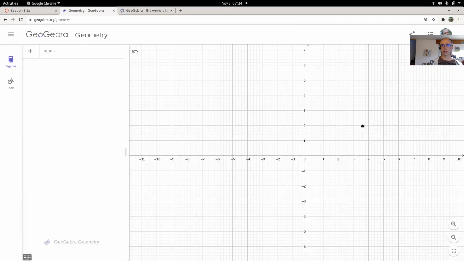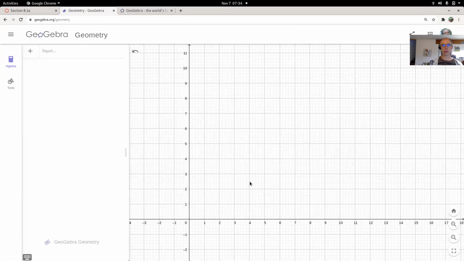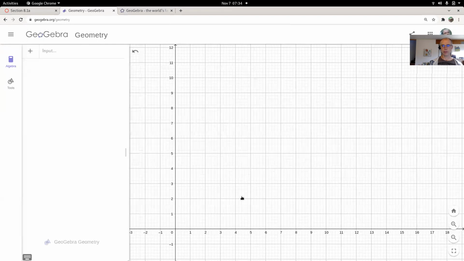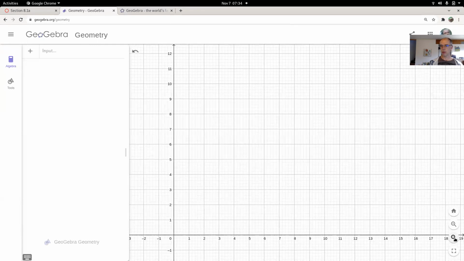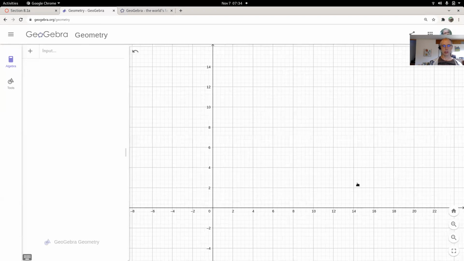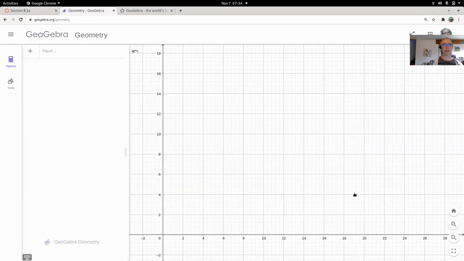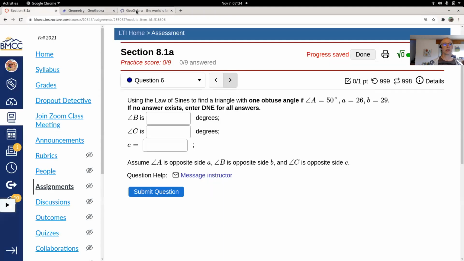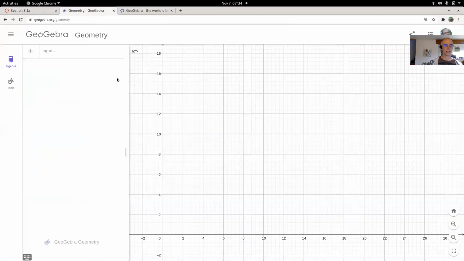Okay, so let's see. If you just click, you can move the screen around. And let's zoom out so we can see 29 and 26. Let's try this and see what happens. So first thing I need to do is set a baseline with a couple of points.